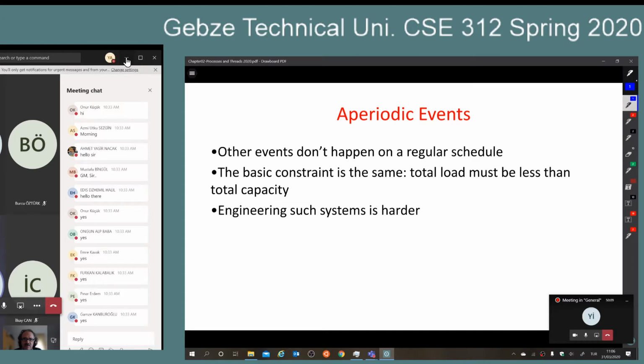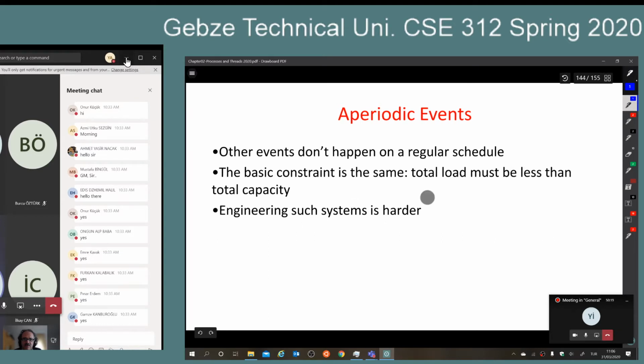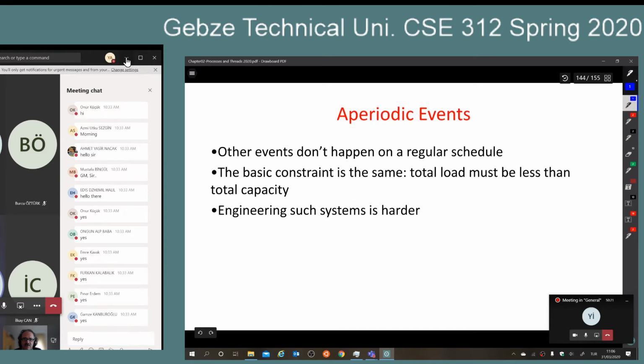From time to time they can run, and from time to time they will not run. So if you have such a system, then engineering it and deciding that the system is runnable is going to be harder to calculate.